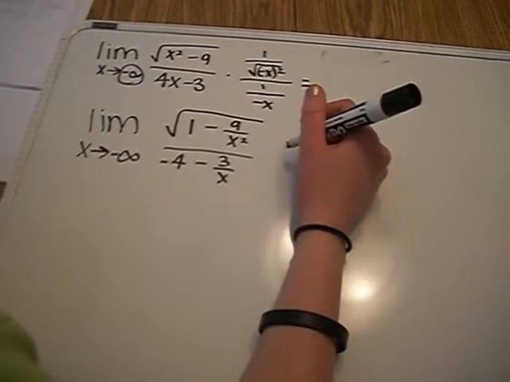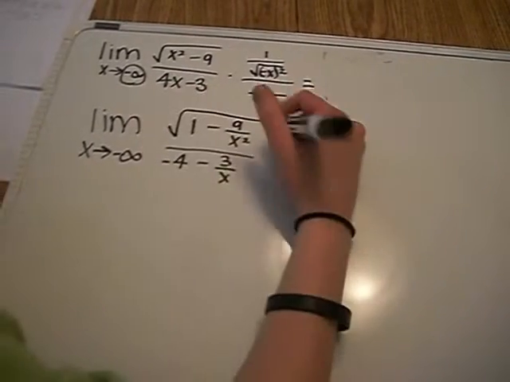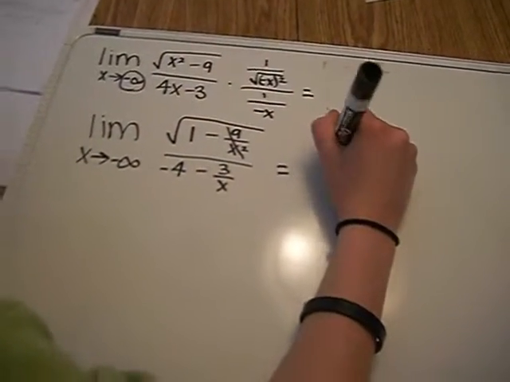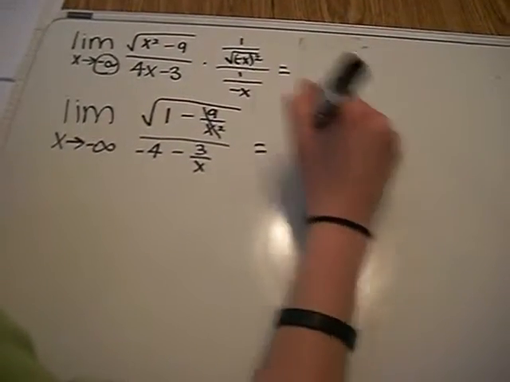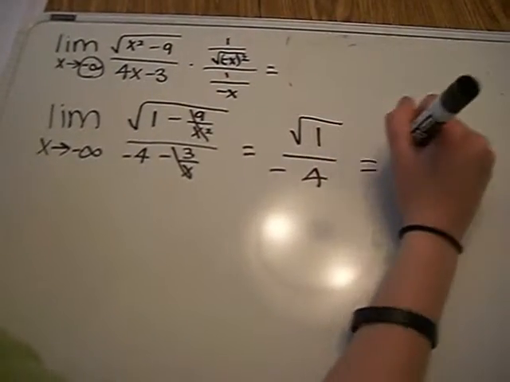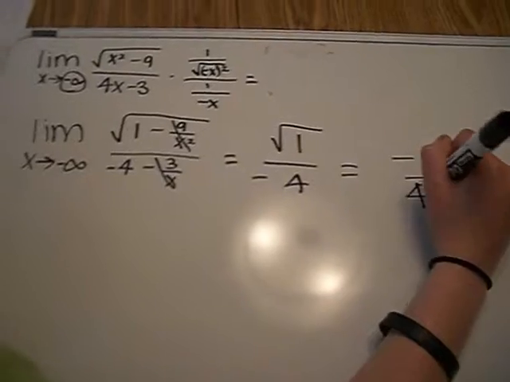When I plug in negative infinity to this, then basically this doesn't matter. This becomes a square root of 1 over, this doesn't matter, negative 4, which is negative 1/4.